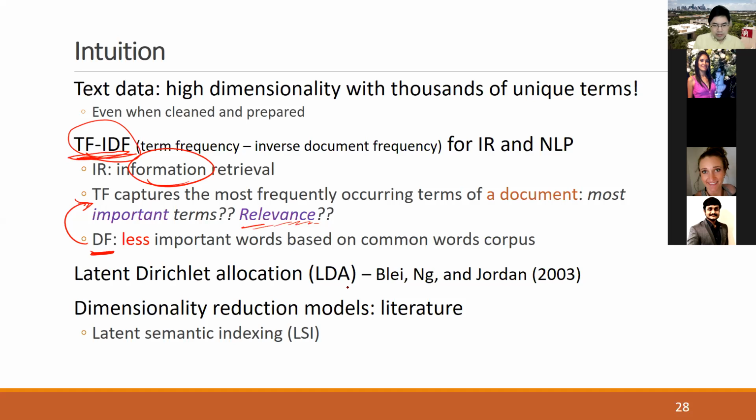In the latent Dirichlet model, if you notice, the second author of this article is the very famous Stanford professor who used to be a Google engineer, a Google programmer. This person, Andrew Ng.